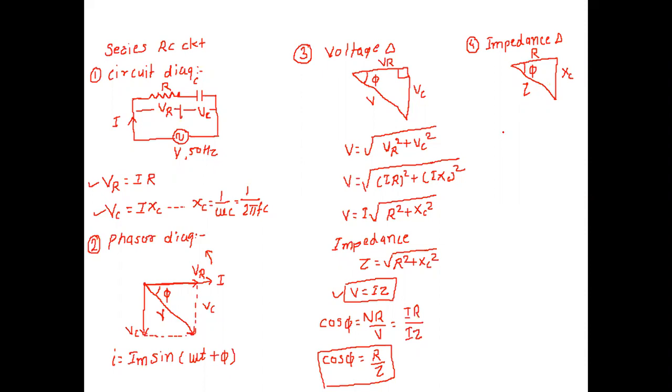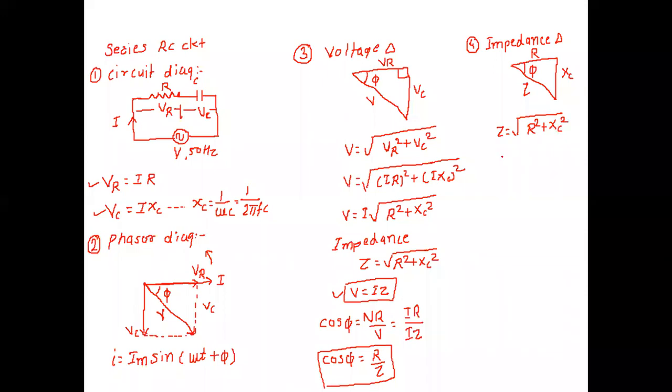And once again, with the help of this impedance triangle, we can derive the same formula, which is Z equal to under root of R square plus XC square.